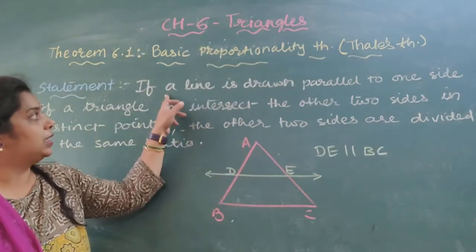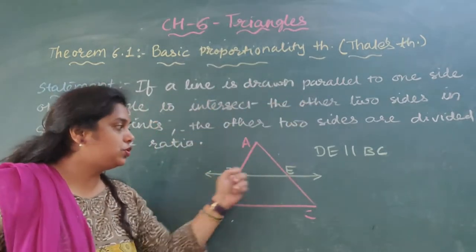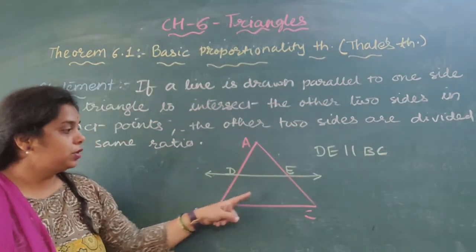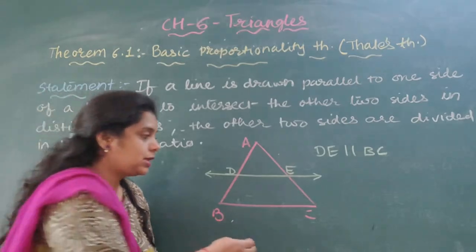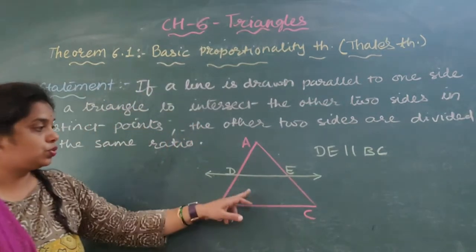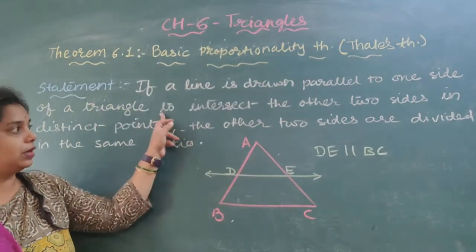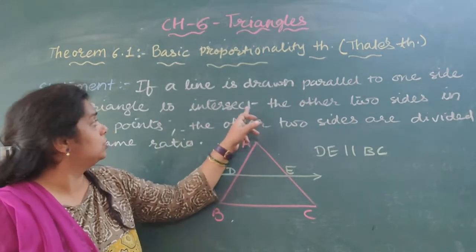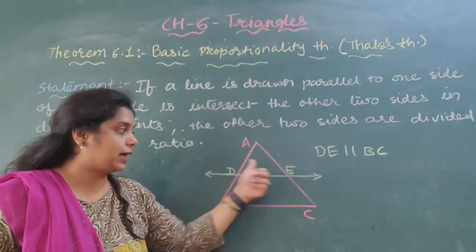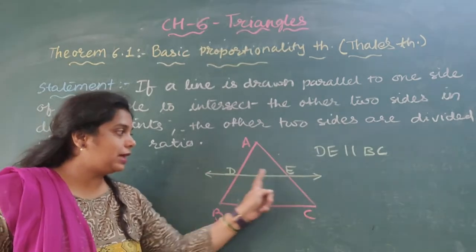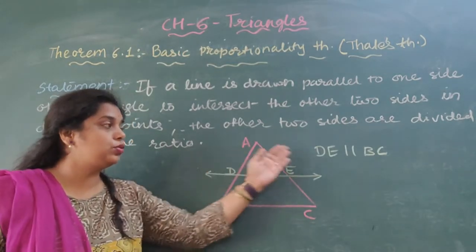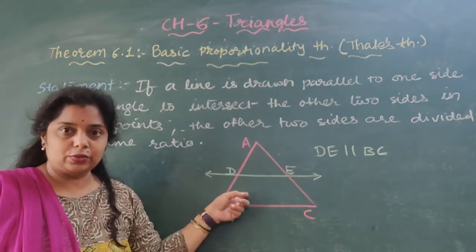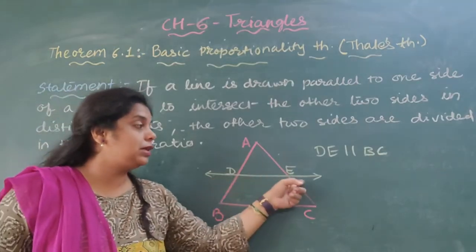Now repeat again. If a line is drawn parallel to one side, this side is BC, of a triangle, to intersect the other two sides. This line DE intersects the other two sides, which are not parallel to DE, in distinct points.